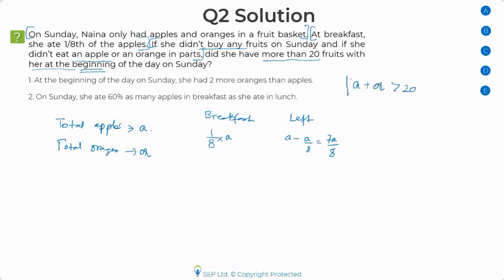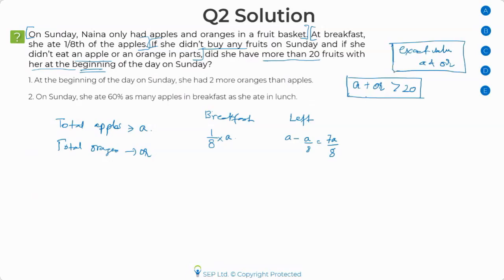Now, here is one small thing I want to point out, especially in difficult data sufficiency questions. Whenever they ask you a question that is something greater than 20 or less than 20, a lot of students are fixated on finding the exact value of A and OR, okay? And that's a problem that you need to get rid of.